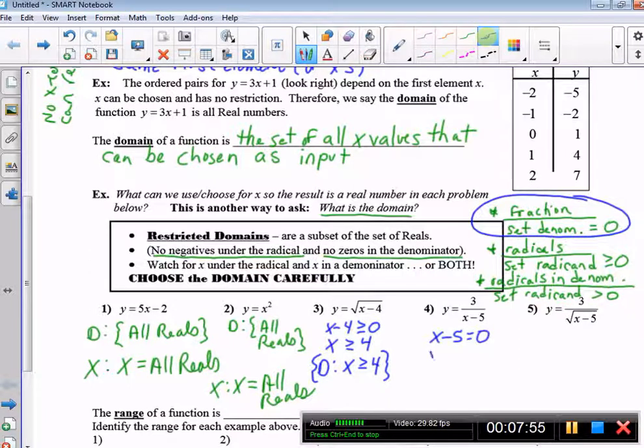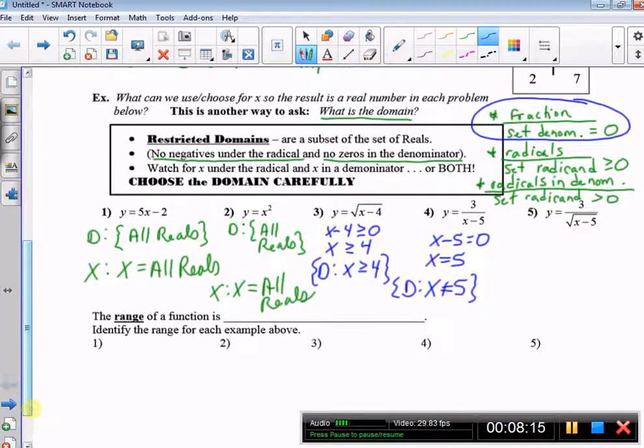So then x is equal to 5. Cannot be part of the domain. You can plug in any number you want in for x except 5. So you say that your domain is x not equal to 5. You could also say that your domain is all reals except 5.